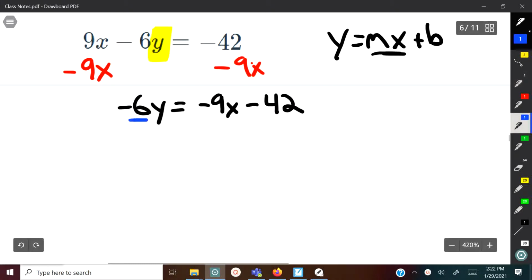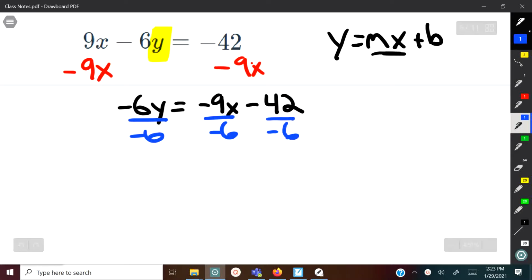And now I'm going to divide by this coefficient of 6 on every term on the right side of the equation here. My y's are going to cancel out.